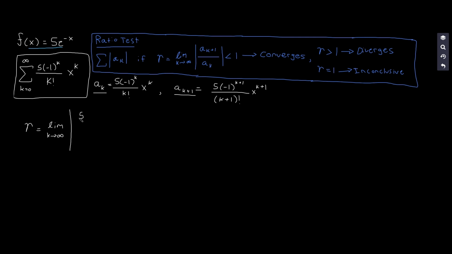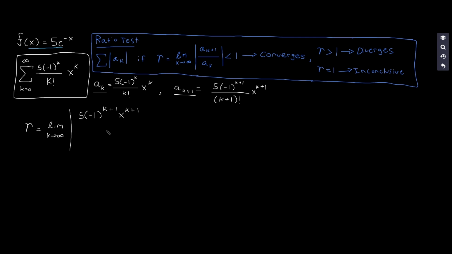So on top here, and this is going to be a complex fraction, we're going to have 5 times negative 1 raised to the power of k plus 1, and I'll stick that in the numerator. This x raised to the power of k plus 1 is going to go in the numerator, because remember, there's just a negative 1 underneath it.